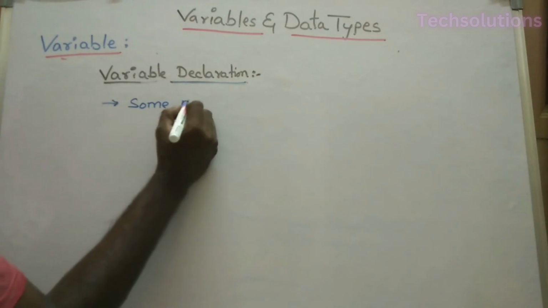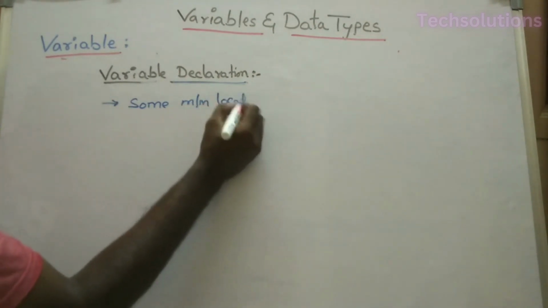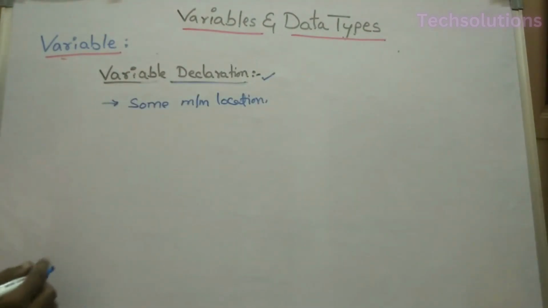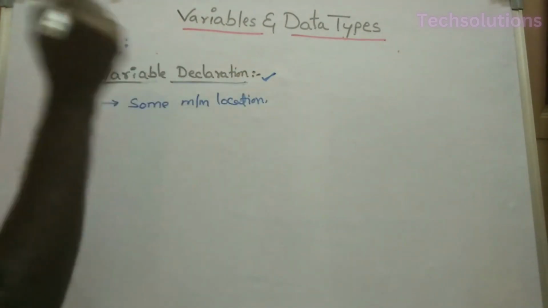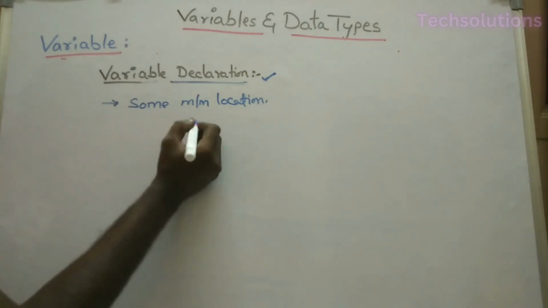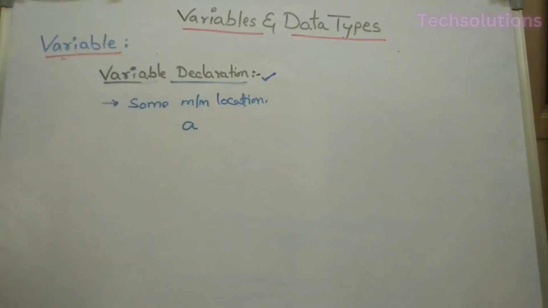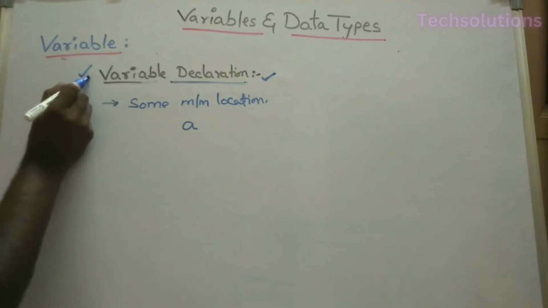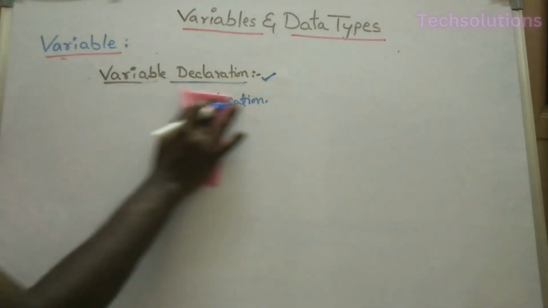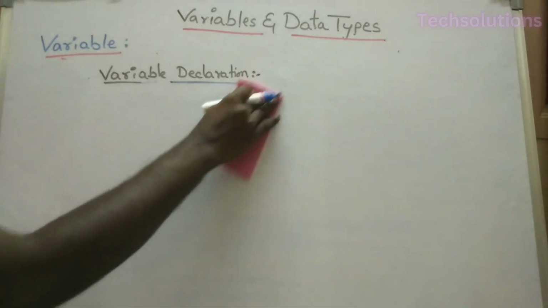Whenever we declare the variable, at that time only, the particular variable which you declare will be assigned some memory location, right? That is the need of variable declaration. The purpose of variable declaration is to provide some memory space for a particular variable.